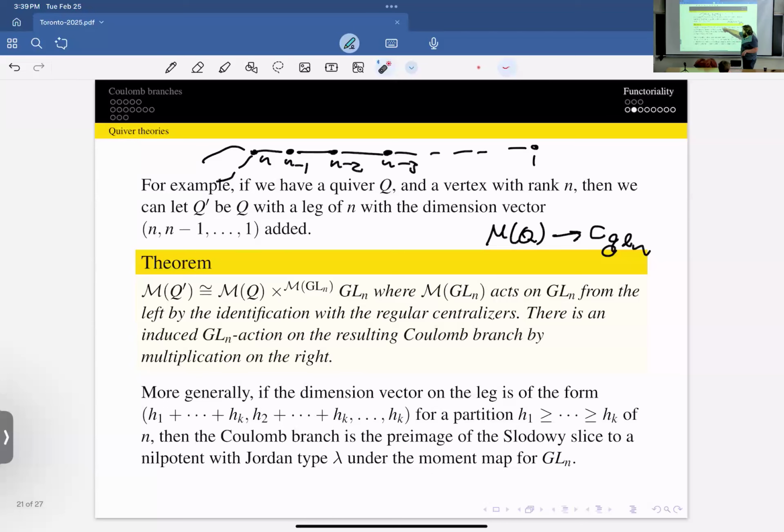This guy still has a Hamiltonian GLN action, where the moment map is I take my companion matrix and I commute it past my element of GLN, and then map that to the Lie algebra. So this is saying I take the pre-image of a Slodowy slice under that map. All right. Cool.